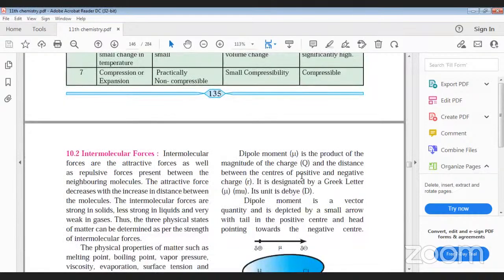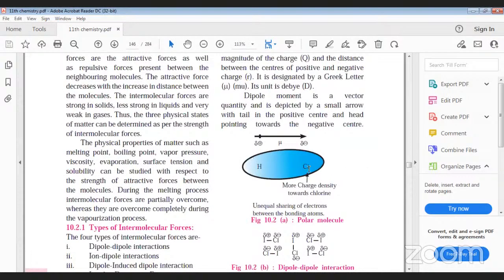See, if I want to place another HCl molecule, here chlorine is present, correct? Chlorine is negative. So beside the negative, which will be there? Positive. So I'll write again H and Cl. I will place hydrogen beside the chlorine, and then again I'll write chlorine after the hydrogen. So it is HCl, HCl.